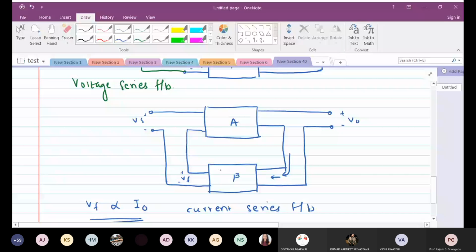But for the time being, understand the concept that I'm able to generate VF, which is proportional to the output current. It's very easy, by the way, to generate a current feedback. Say I'm having a load like this, and I want to get something proportional to the load current.